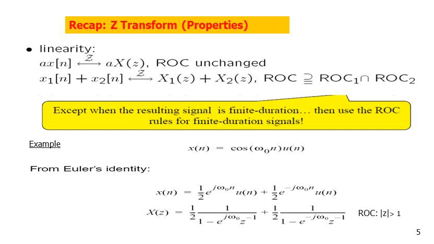So now x of n is the linear combination of two exponentials multiplied by the unit step function, and the Z transform would be the linear combination of Z transforms of the two functions. And if you remember, ROCs of both of these functions would be |z| greater than 1. So overall ROC is also |z| greater than 1.